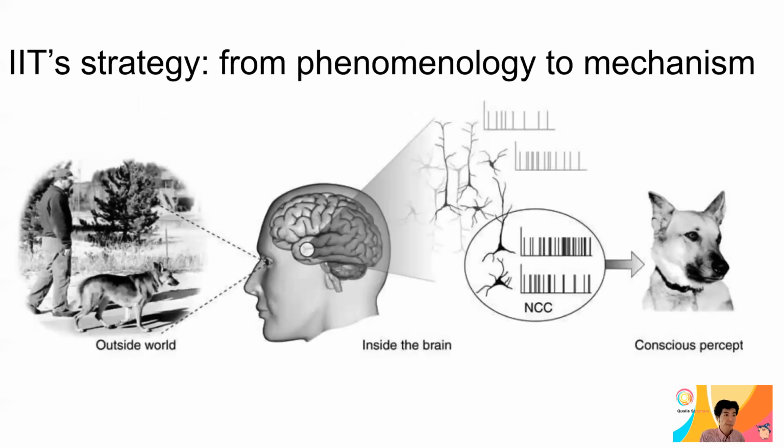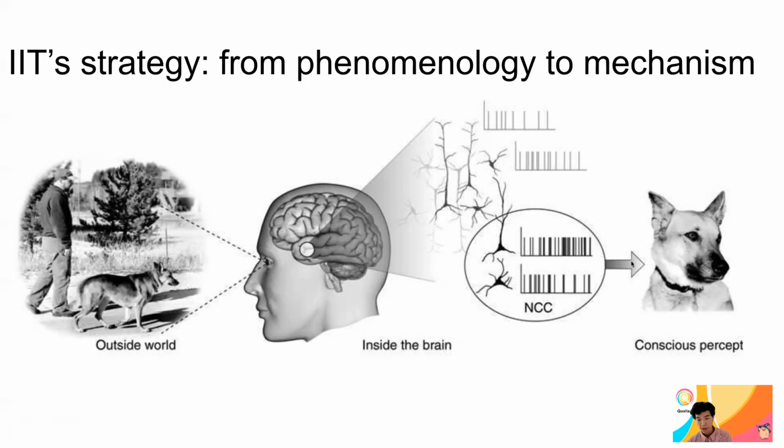Just to recap, IIT's strategy is not to go the standard neuroscientific way for consciousness, that is, given the stimulus from the outside world and what's happening inside the brain, to identify the neural correlates of consciousness, hoping that they are always related to a particular kind of conscious experience.